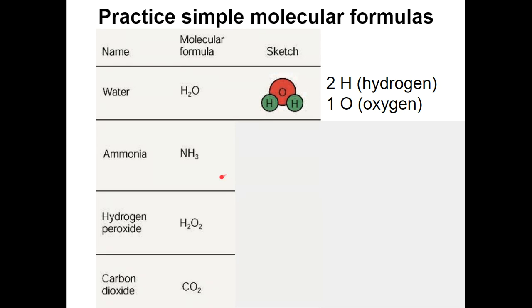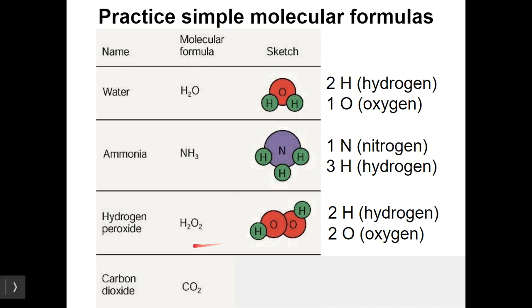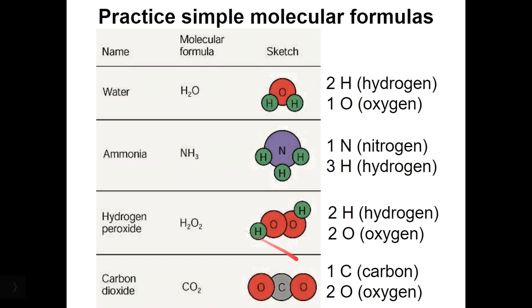In ammonia, looking at this, it is one N, one nitrogen, and three H's, three hydrogens. The three goes with that. All right, I hope this is becoming clear. Hydrogen peroxide is going to be two hydrogens and two oxygens. And carbon dioxide is one carbon, because there's no number here, and two O's.